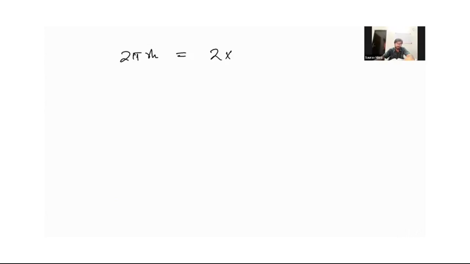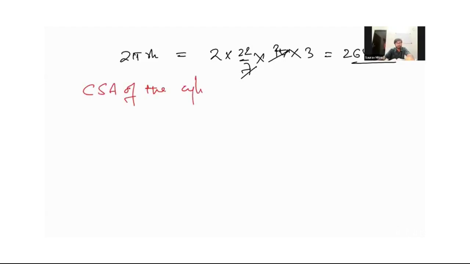So 2 into 22 by 7 into R, given as 14, and the cylinder height is 3. If we multiply this, we have 264 meter square. This is the curved surface area of the cylinder.